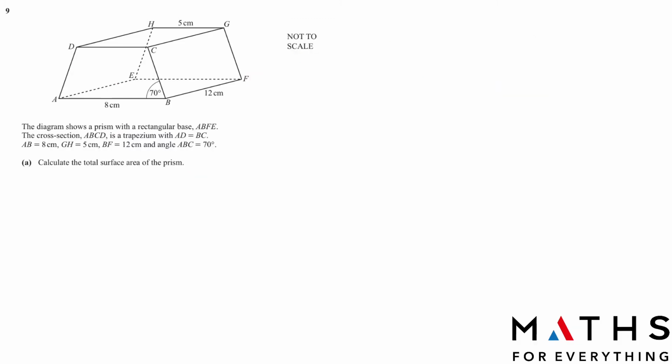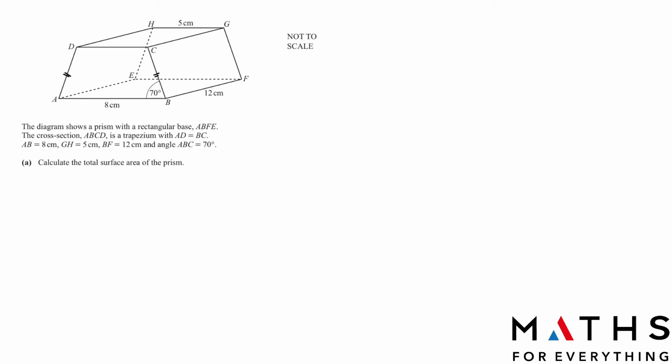Question number 9. This is a mensuration question. And it's a 6-mark question. So we will have to work quite a bit here. We have been given a prism with a rectangular base ABEF. The cross section ABCD is a trapezium with AD equal to BC.